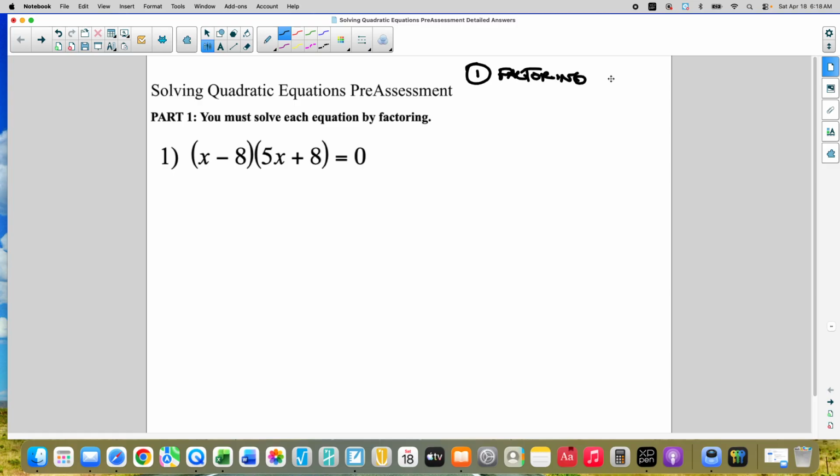When we factor, we create 2 boxes, and we're using the multiplication property of 0, because we know one of these boxes needs to be 0. The second technique is isolating the variable and taking the square root.